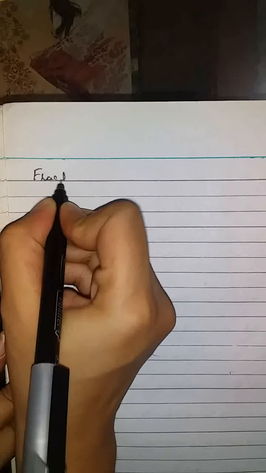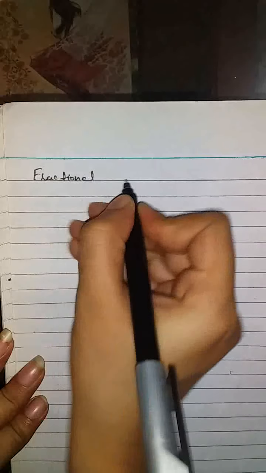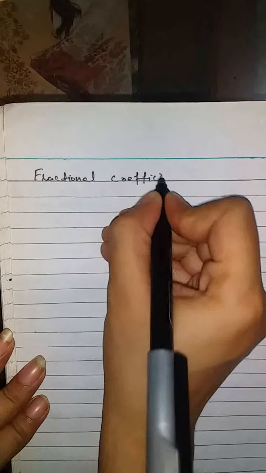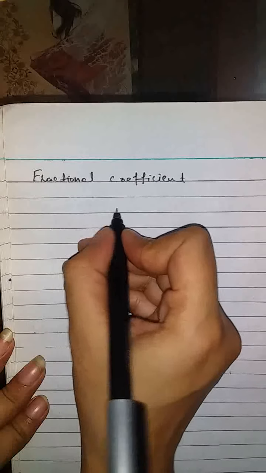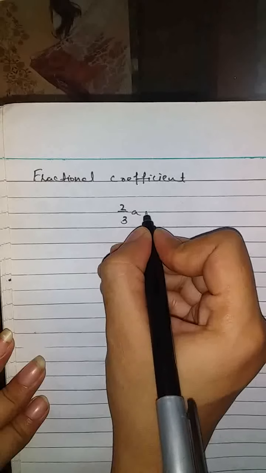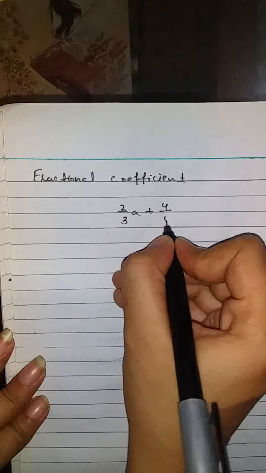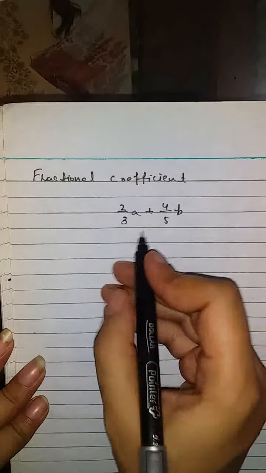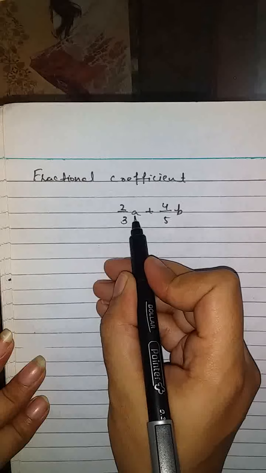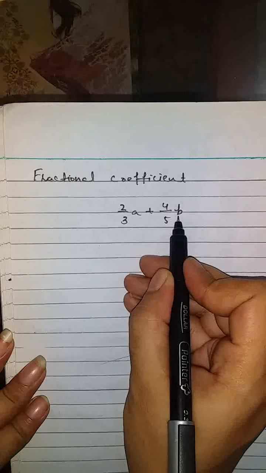Let's take another example of fractional coefficients: 2 by 3a plus 4 by 5b, where a and b are variables. 2 by 3 is the coefficient of a, 4 by 5 is the coefficient of b.